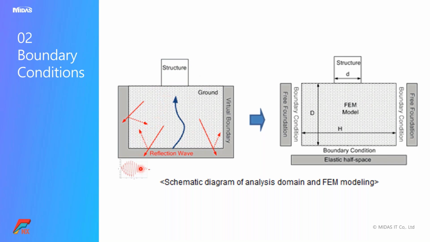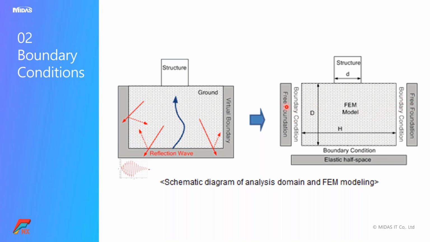Because of this, we need to model infinite boundaries, not the regular static boundaries. If you model them, there will be a lot of reflections of the wave, and that may result in more forces in the structures. That's the reason it is needed to model the infinite boundaries.